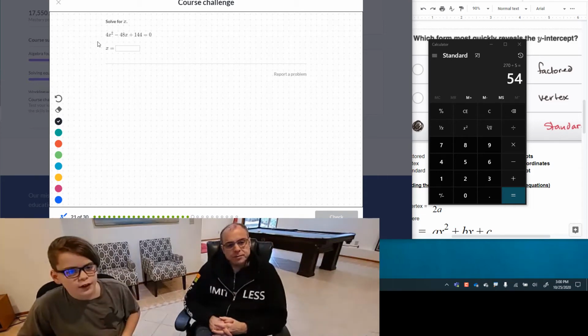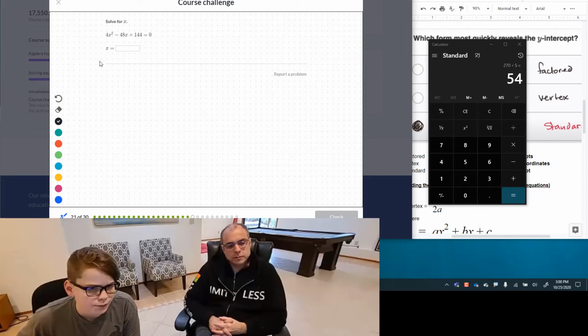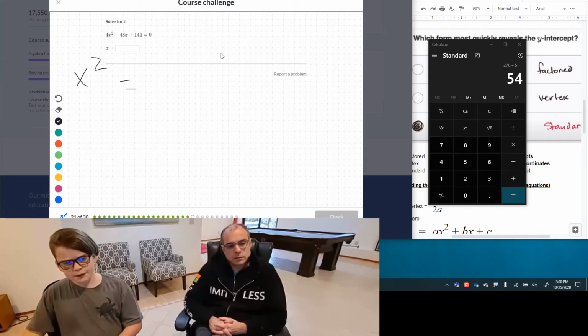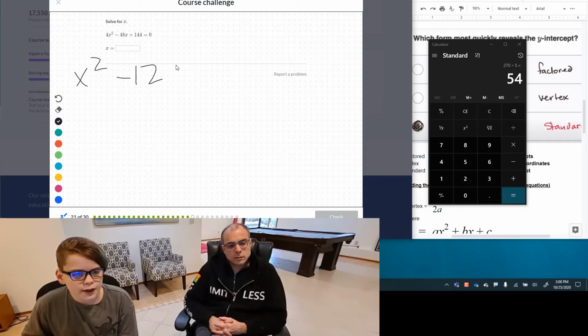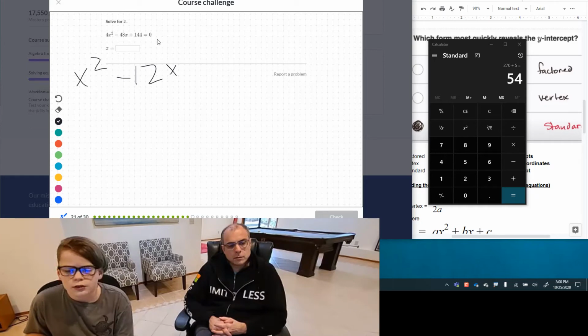So when you divide each side by 4, we don't need to write the bracket stuff. X squared equals, that divided by 4 is negative 12. So that's negative 12 x plus that.